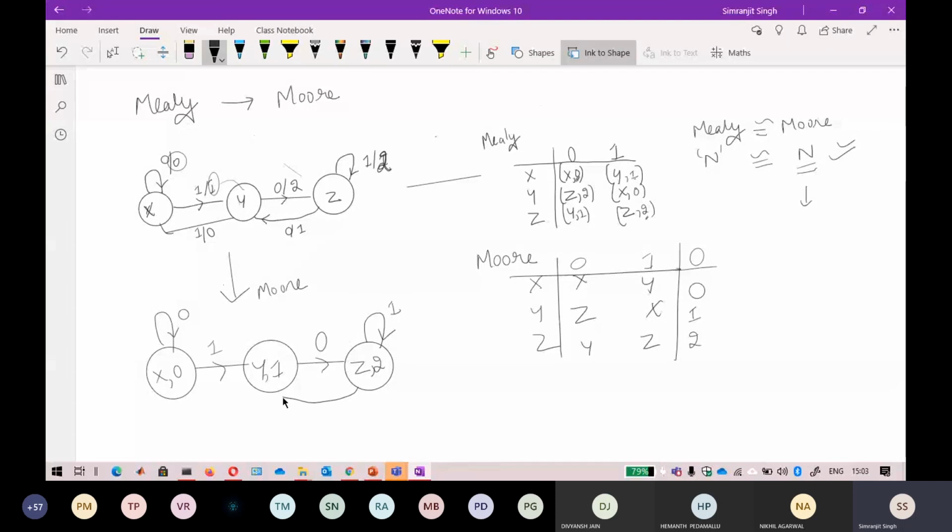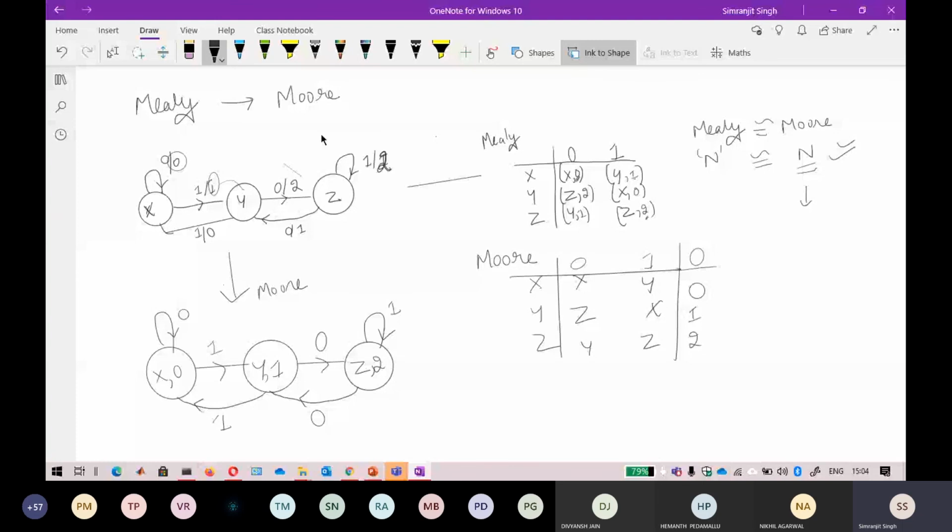Now it is going towards here, take the 1 from here and place it inside Y. It is already placed, so don't worry about that. Now take the transition from here to here. The output should be 0, so take the 0 and place it inside X. It is already there.